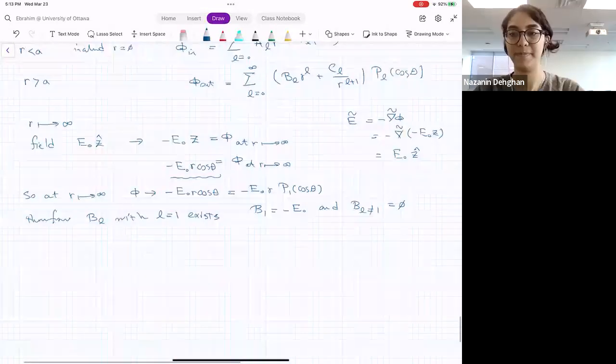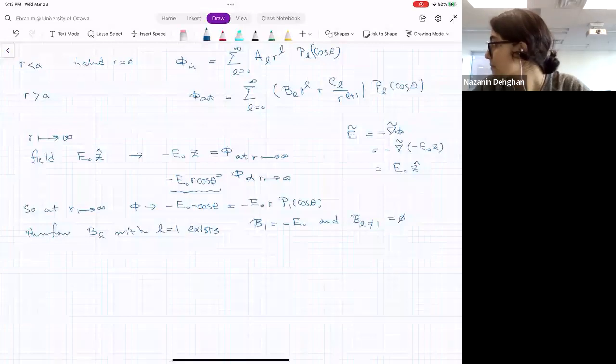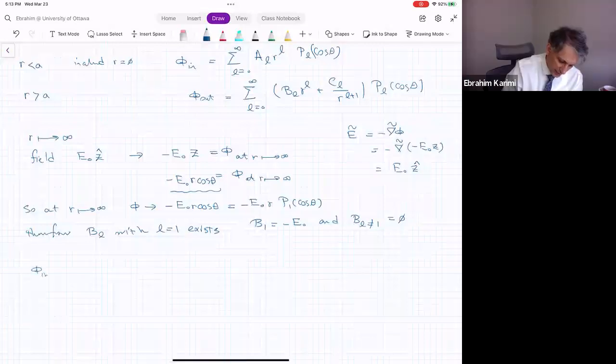Of course. So therefore, for phi in, I still have the summation of L equal to 0 to infinity of AL r to the power of L PL cosine of theta.